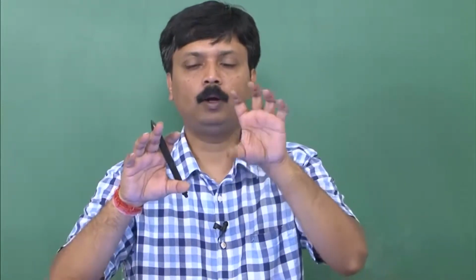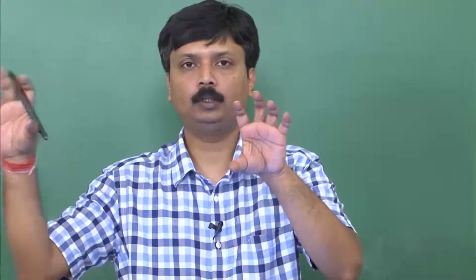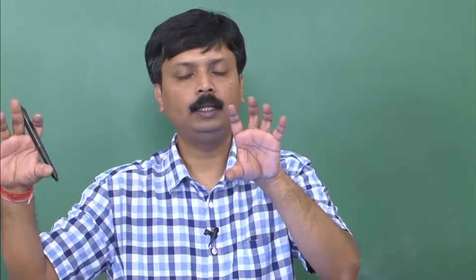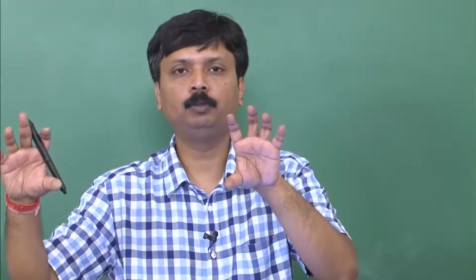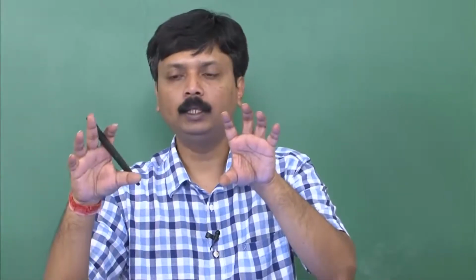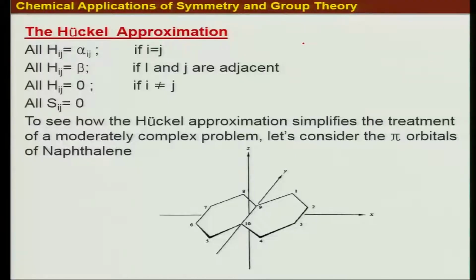I have one orbital, the next orbital, the next orbital, and so on. If I consider the first one and the third one, then the interaction energy is assumed to be zero under the Huckel approximation. Otherwise, if they are adjacent, they will have a value of beta ij.